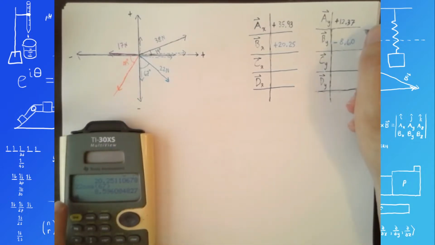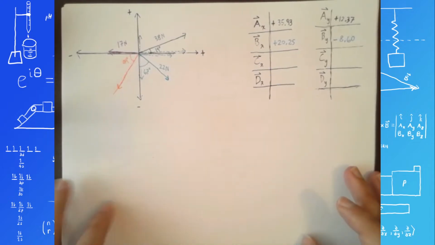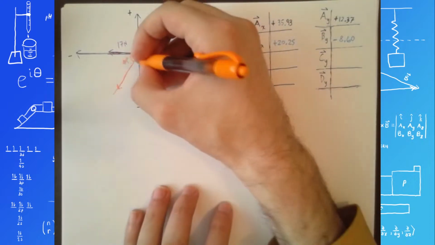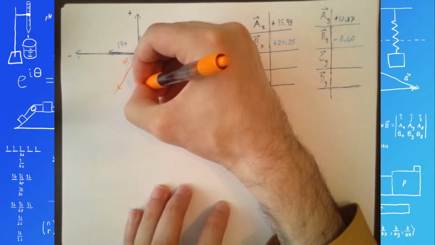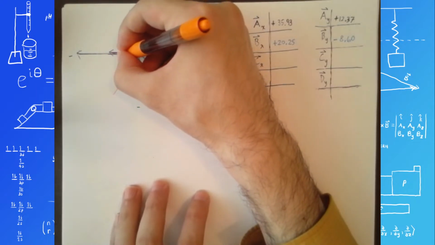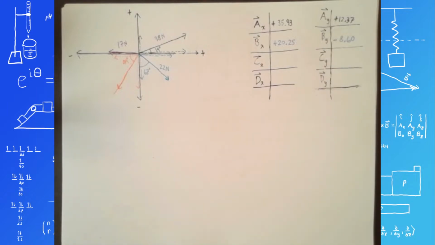All right, next up is orange, so let me move this calculator out of the way and see if I can draw the components on this thing. We've got a component facing straight down like that, and we've got a component straight to the left like that. And if my drawing is correct, it should be less than 17 in length, but I guess we're about to find out.